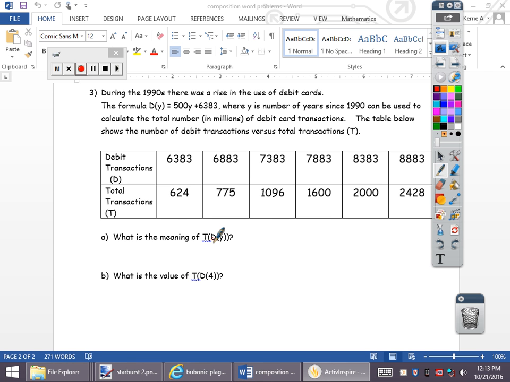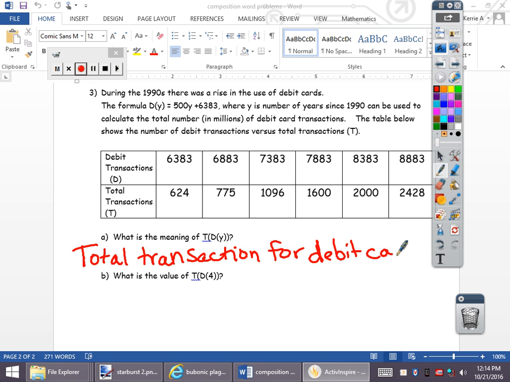T of D of Y. Total transactions for debit cards at a certain year. So T is total transactions, D is the debit card, and Y is the year.